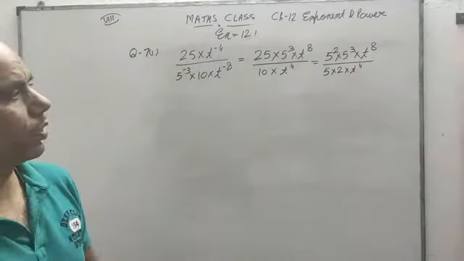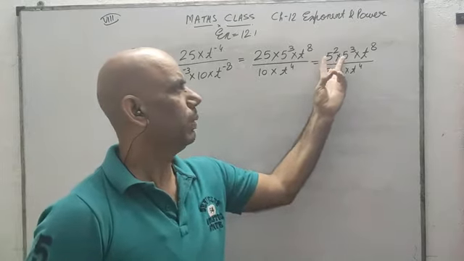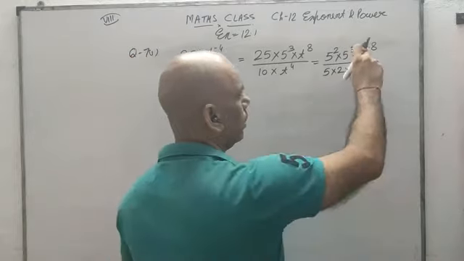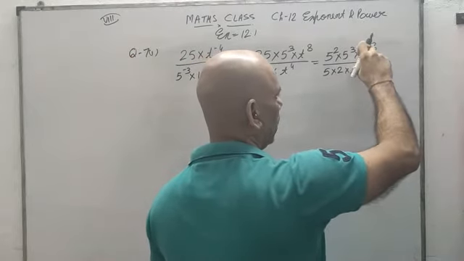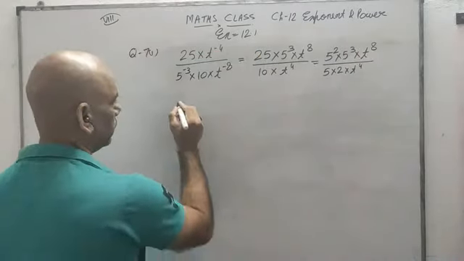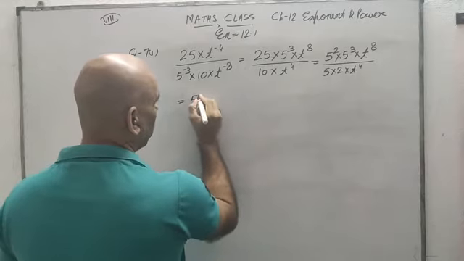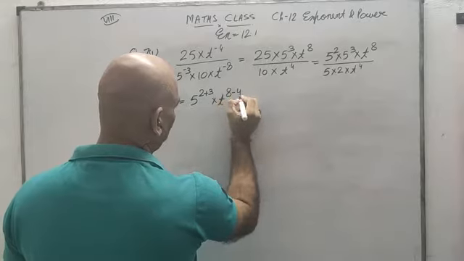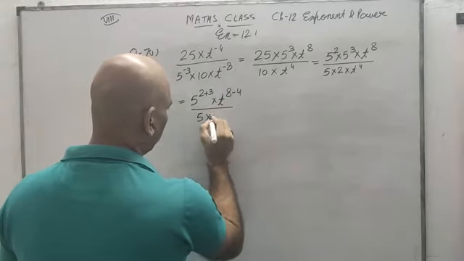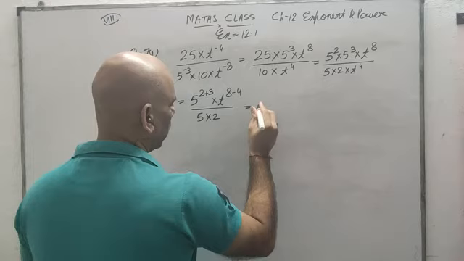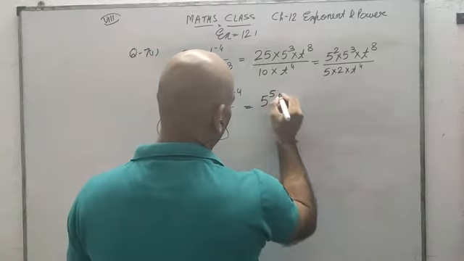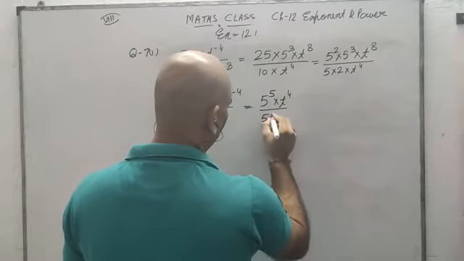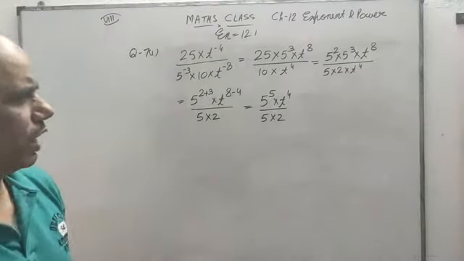Now what? Look here, the base is same, bases are in multiplication, so powers will be added. Here, the base is same, bases are in division, so powers will be subtracted. Okay. So 5 to the power 2 plus 3 into t to the power 8 minus 4 upon 5 into 2. Or you can write it 5 to the power 5 into t to the power 4 upon 5 into 2. Now what else is left?